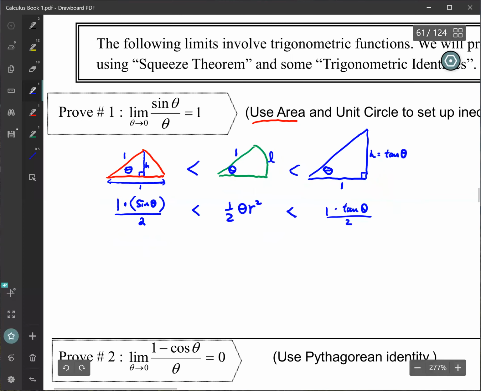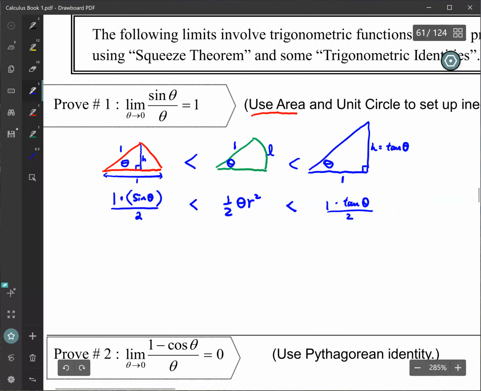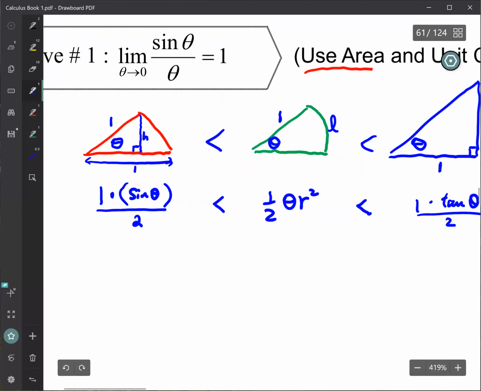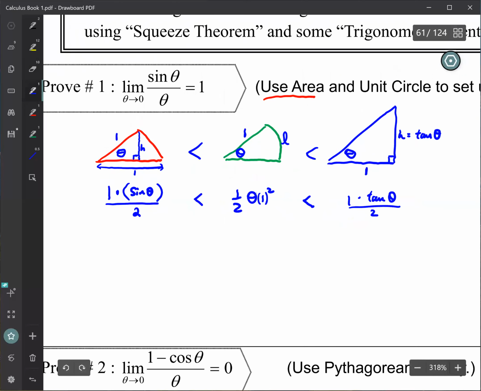Okay, so now we have a sandwich, right? And we are going to simplify this a little bit. They all have half, so we can multiply everything by 2 to get rid of the half. And for the middle one, the radius is 1, so we can plug it in: theta times 1 squared. So the sandwich now looks like sine theta, then theta, and then tangent theta.